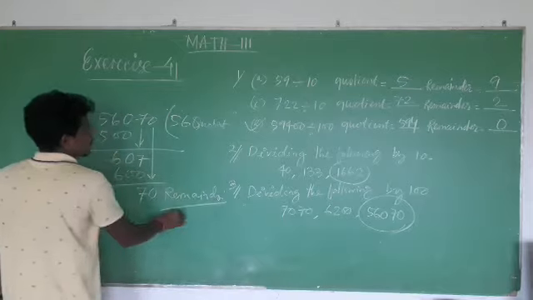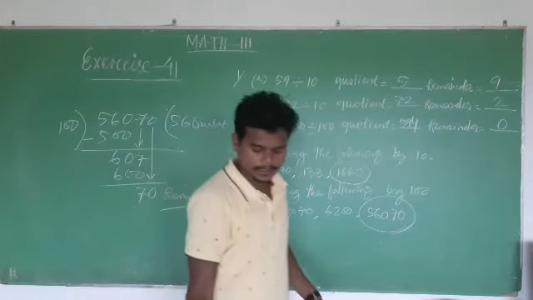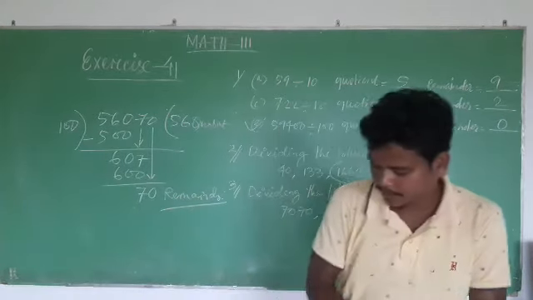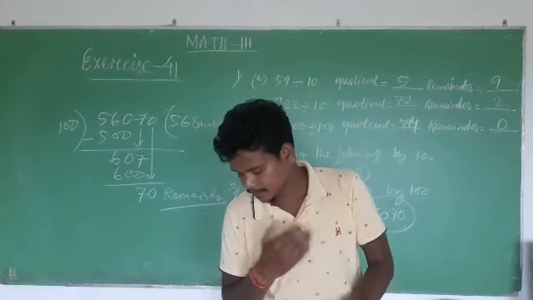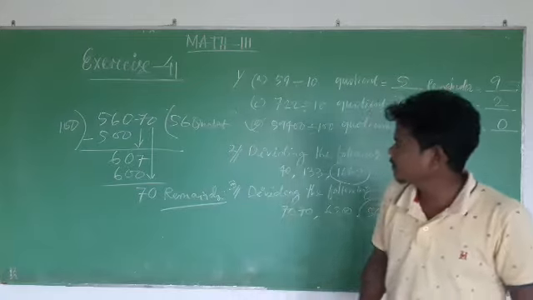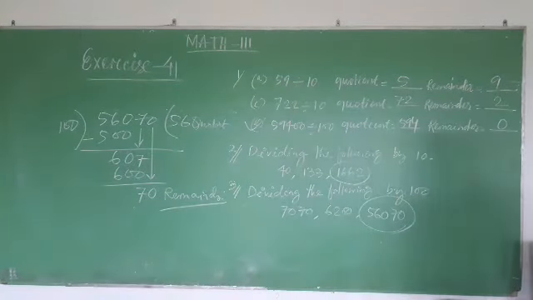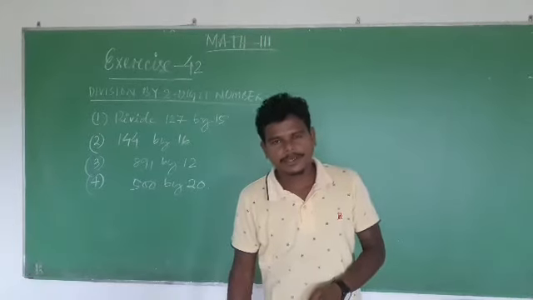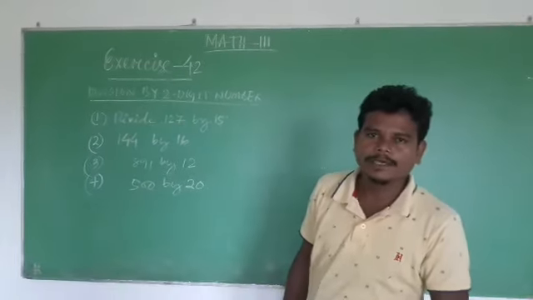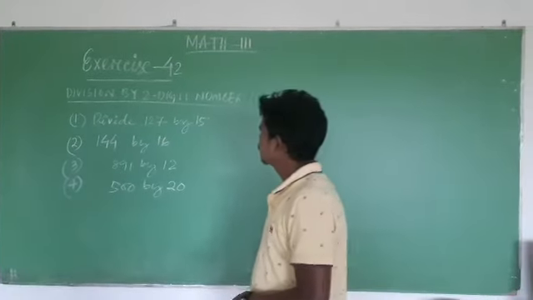In this way, students, you can solve the exercise 41. Okay. Next, we will move into the exercise 42, and that is also very easy. Let me tell you. Okay. Now about exercise 42.